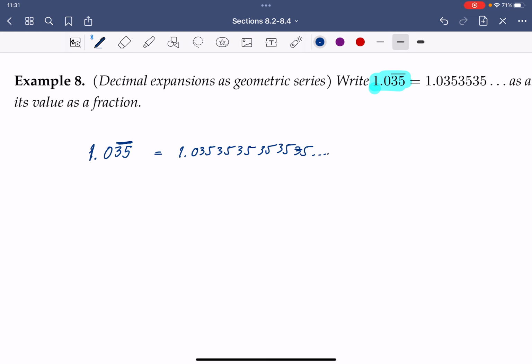If you wanna express this as a fraction, we're gonna start from the first one, which is 1.035, and the second one is, this should be plus, is that right? And then 0.0000035.